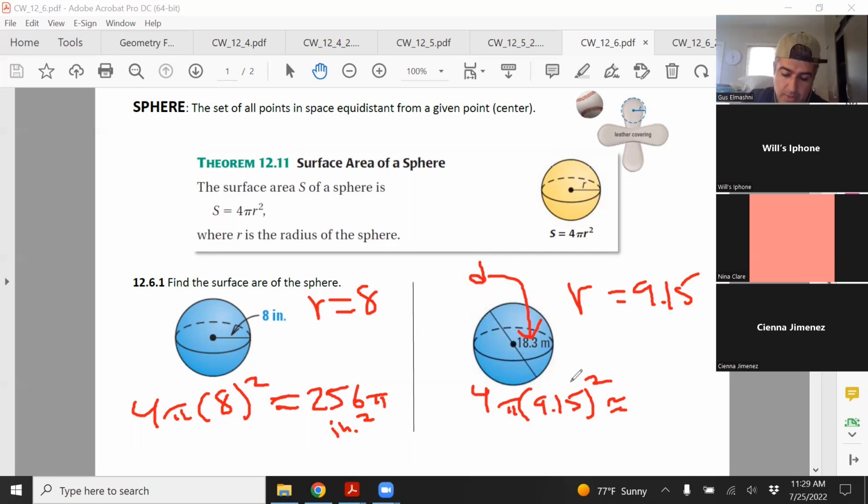Same thing here. You do 9.15 squared times 4 times pi, which will be 1052.1. I won't leave it in terms of pi, since there's a decimal, I guess. 1052.1 square meters.